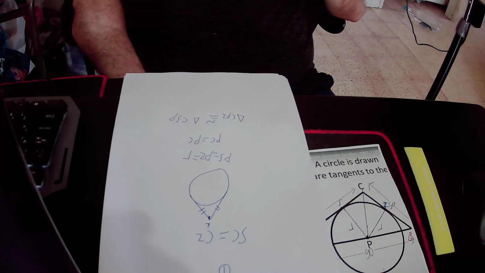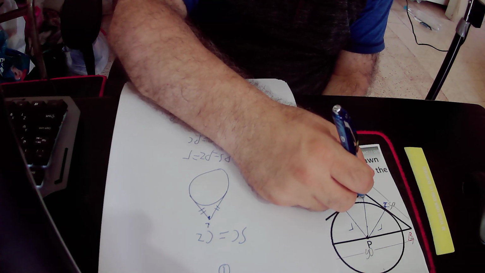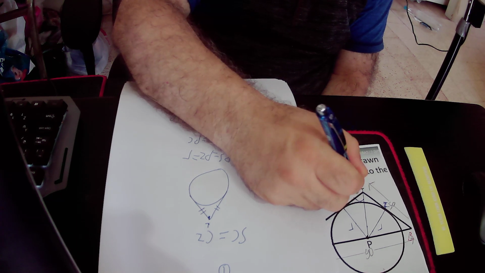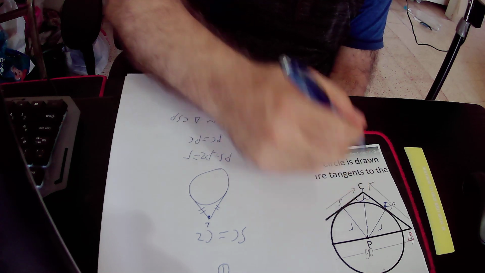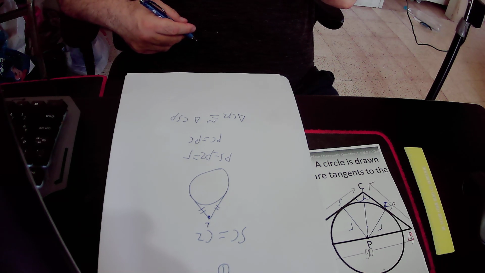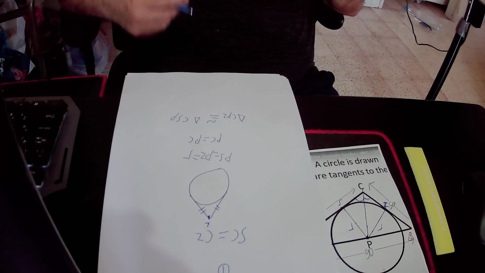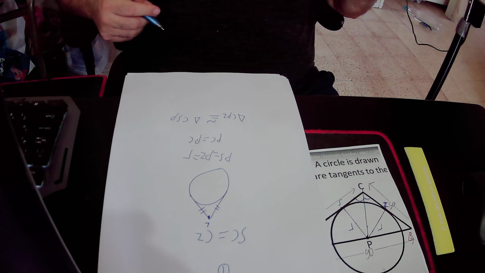And for that reason, we can say that this angle equals this angle because they are corresponding angles in congruent triangles. Corresponding angles in congruent triangles are equal to each other.